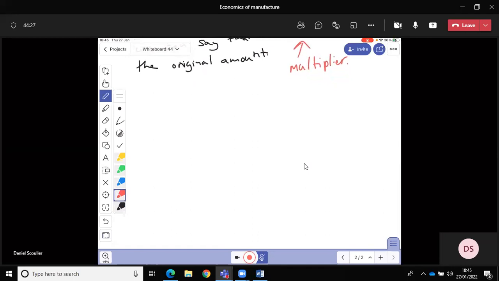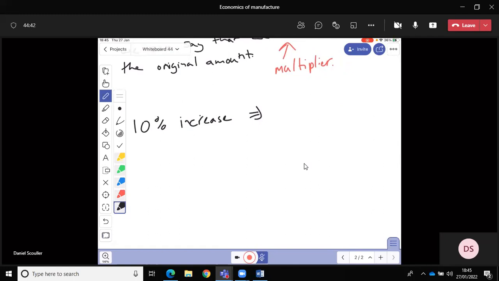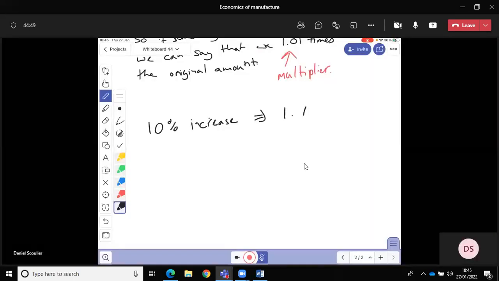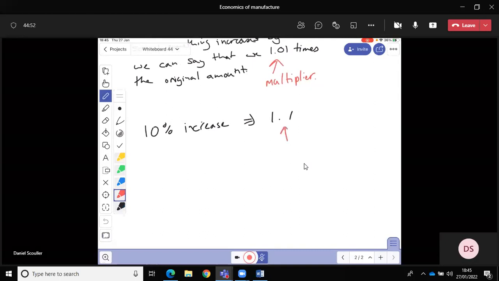So if we've got a 10% increase, we can write 10% as 10 over 100 or 1 over 10, or 0.1. So the increase would be 1.1, so our multiplier would be 1.1. That's what we need to multiply the original number by to get our increase.